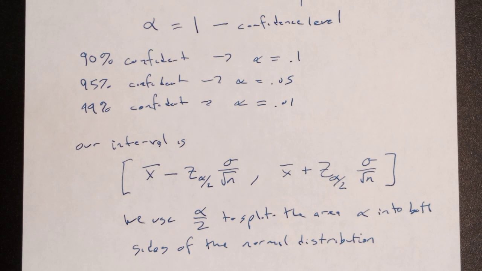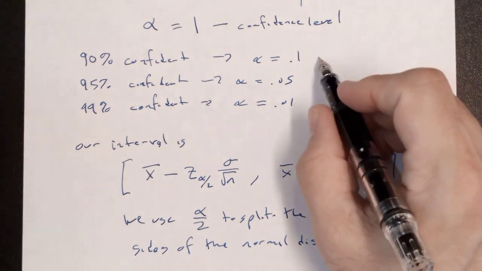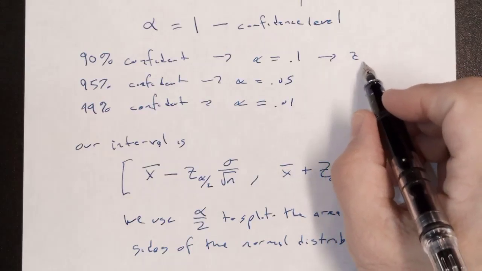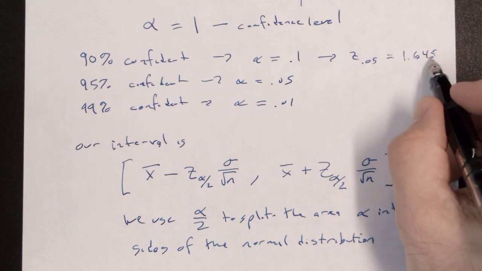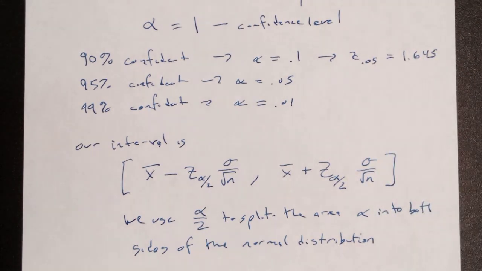What was the Z value that went with that? 1.645. And I'm writing Z.05 because that's half of the alpha.